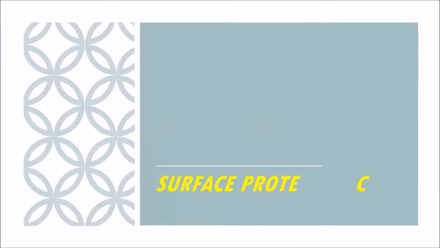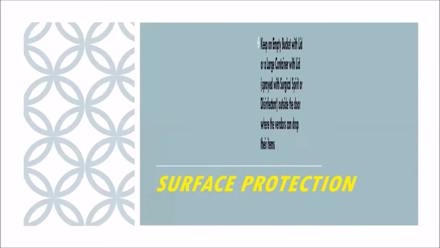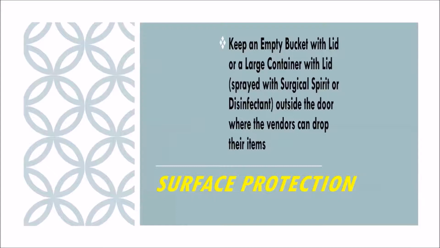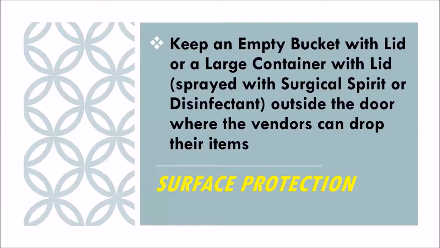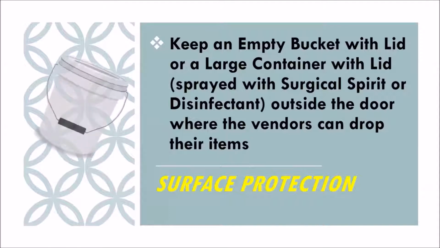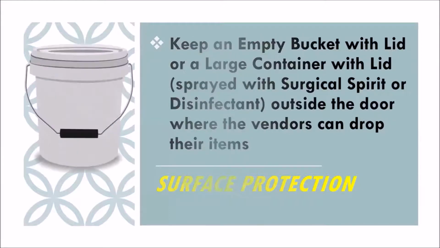Now coming to surface protection, whatever items we buy from outside, maybe grocery items or any fruits and vegetables, they need to be cleaned. So always keep an empty bucket with a lid, or a large container with a lid, outside the room where the vendors can drop their items.